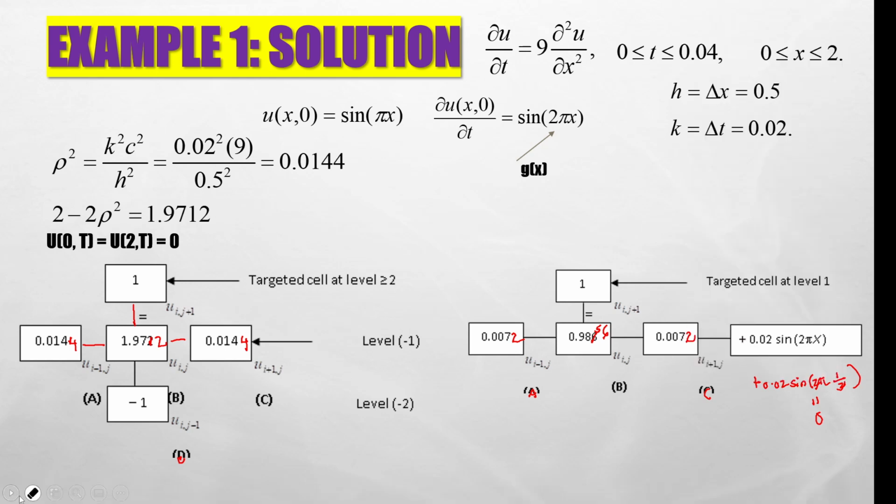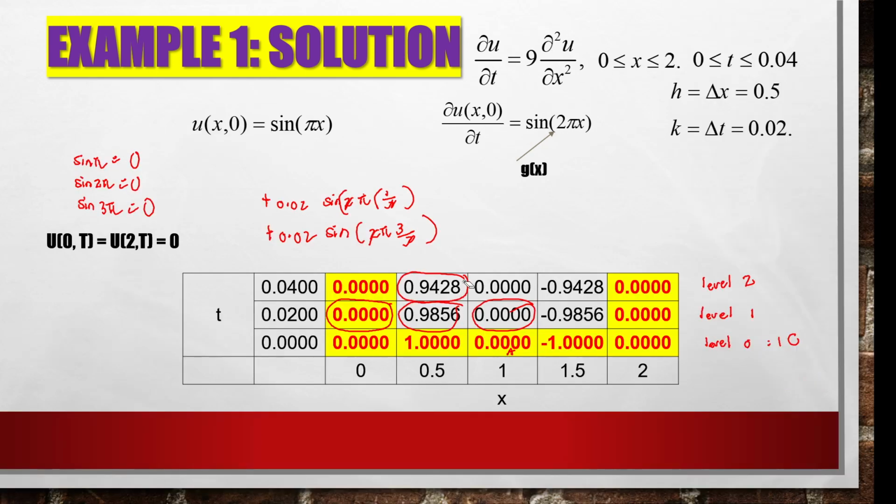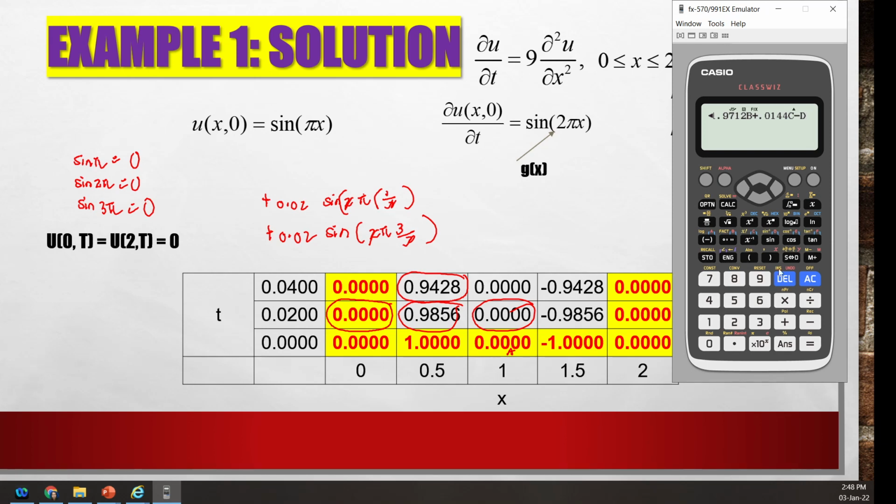And then move to here to calculate this value 0.9428, or this is U12. I mean X is 1, J is 1, I is 1, J is 2. So this is U12. Now you can see A, B, C, D is actually here.